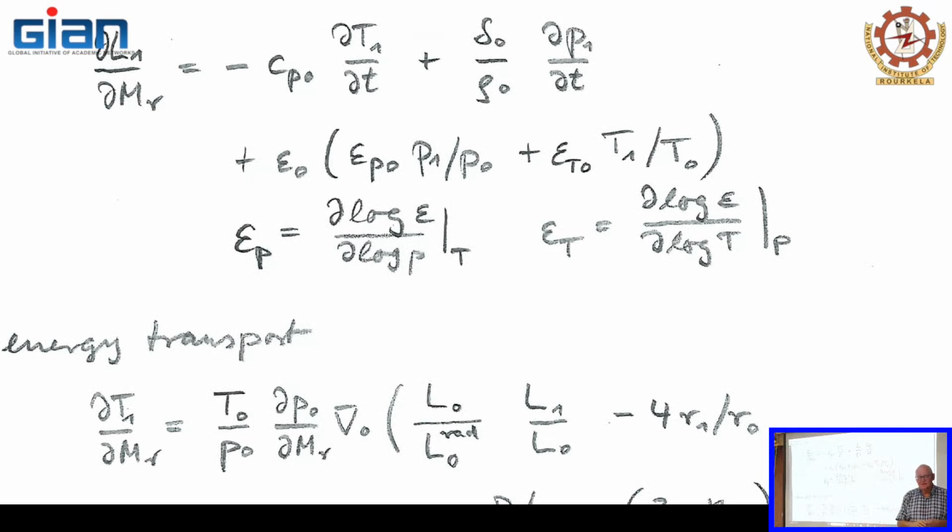And once you linearize the energy generation rate, if you want to take it into account, then this is given by the energy generation in the hydrostatic model times some coefficient which corresponds to the logarithmic derivative of the energy generation with respect to pressure, or with the logarithmic derivative of the energy generation with respect to temperature, which have to be multiplied with the relative perturbations of pressure and temperature here.